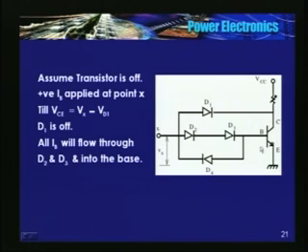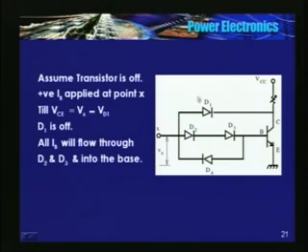Now, in order to reduce the turn-on time, I said that 1.5 times IB should be supplied. So Vce falls, and when this Vce is equal to Vx minus Vd1, or Vx minus 0.7 volts.